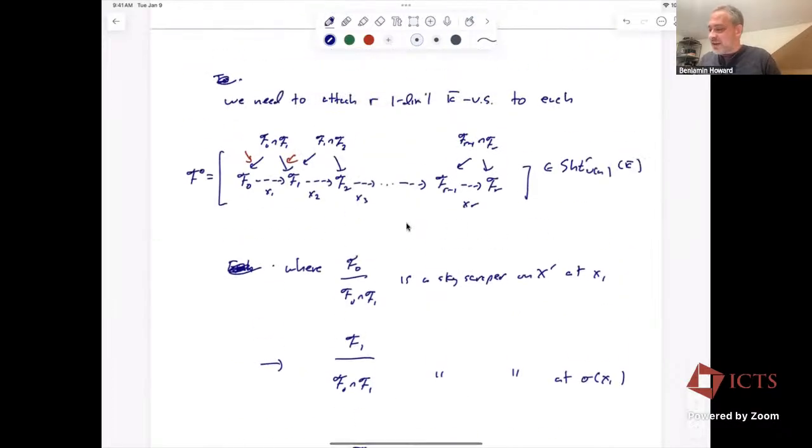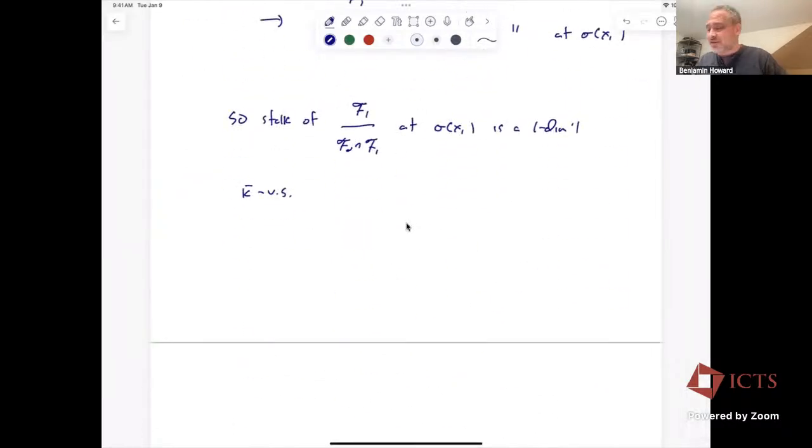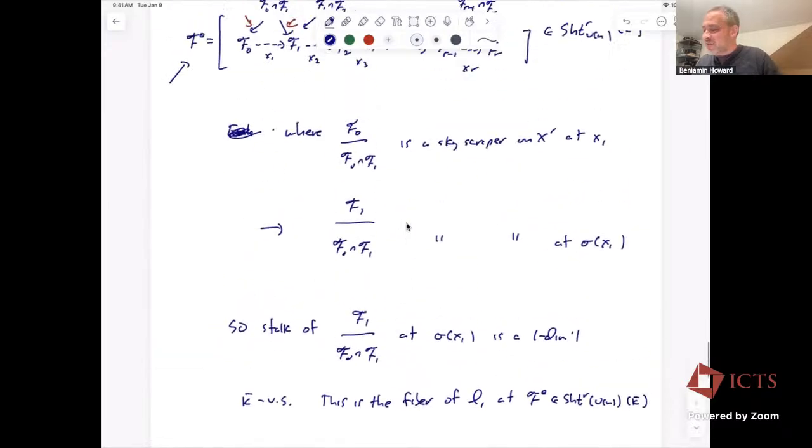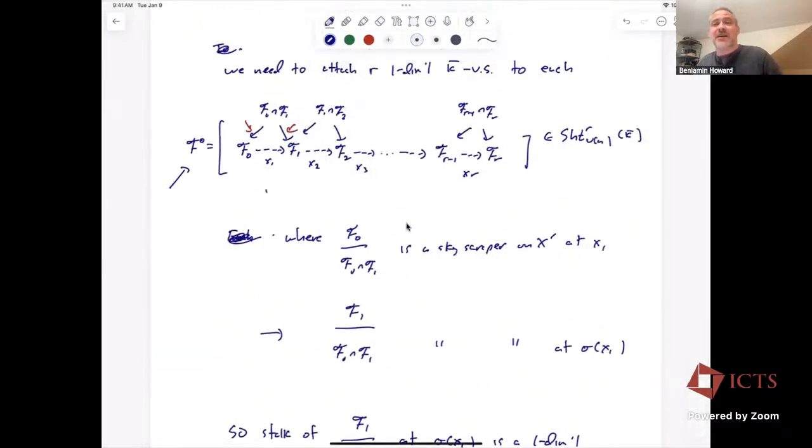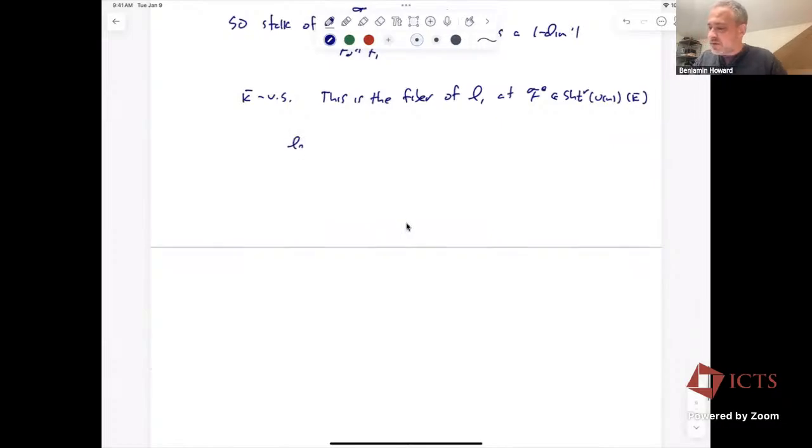To every k-bar point in the moduli space of Shtukas, I have now attached a one-dimensional vector space. This is the fiber of the first tautological bundle at this point. And then the other tautological bundles are defined in the same way. There's one for each one of the modifications. L2 up to Lr are constructed similarly.